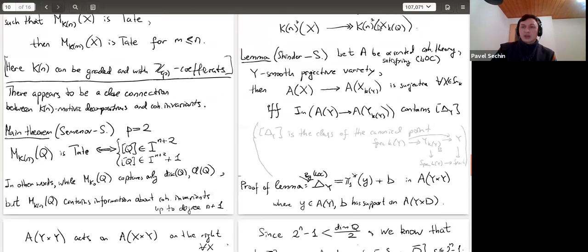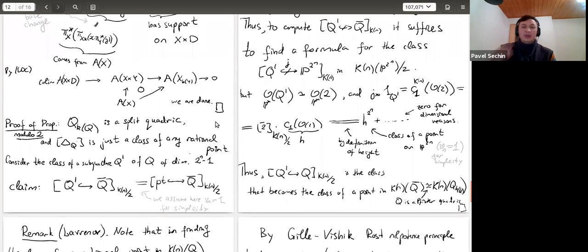So here in K_n of Q_K(Q), the class of the diagonal rational point is just the class of any rational point. Basically, you have to find a class in K_n of Q that, after base change to the function field K(Q), or actually any algebraically closed field, becomes the class of a point.